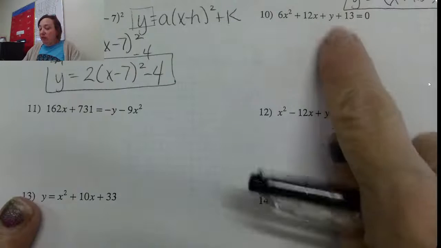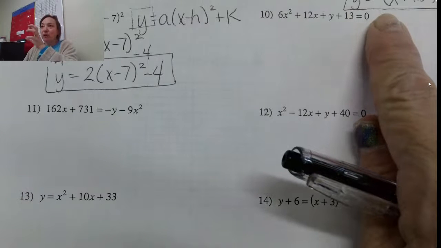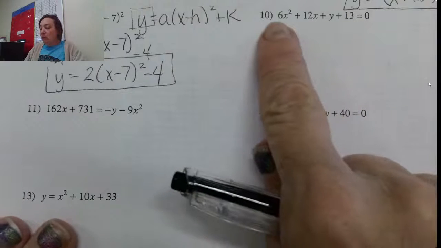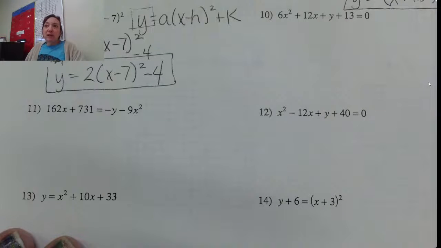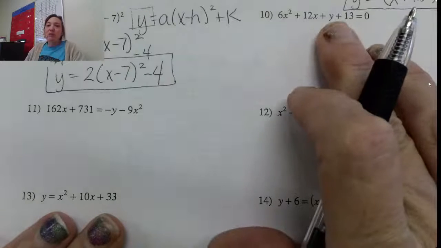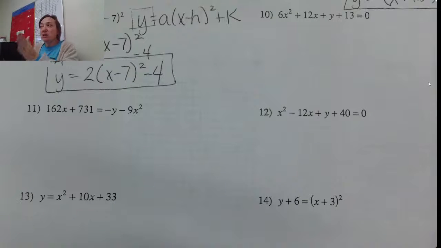We're either going to have to move this y over and then deal with some stuff with the y, or we've got to move these other things over and leave the y where it's at. Either way, you're going to get the same answer, okay? I personally would probably prefer to leave the y where it's located and move the other stuff, because we can do it all in one step, because all we're doing is subtracting those things, right?